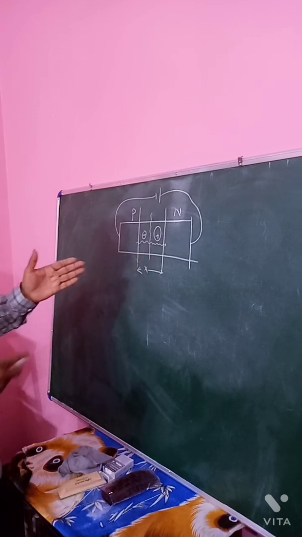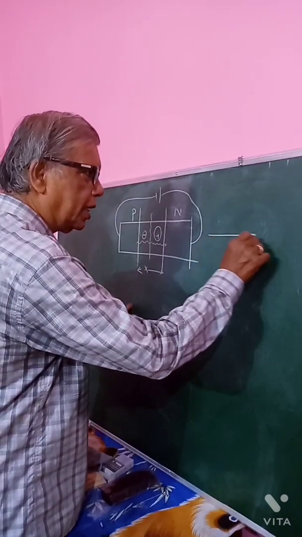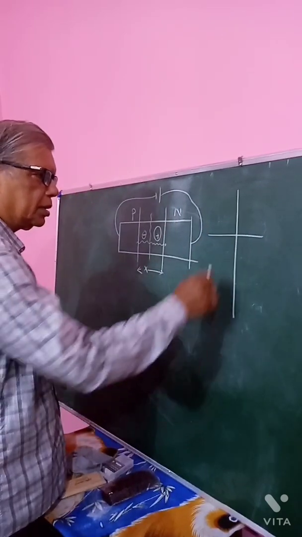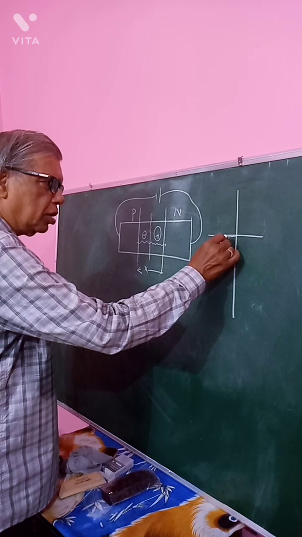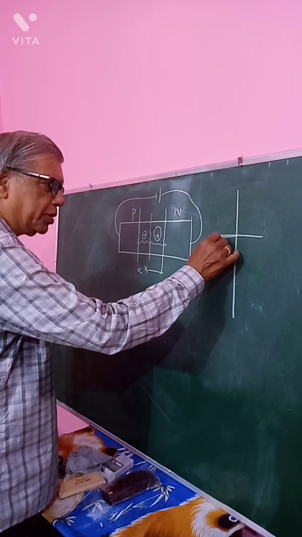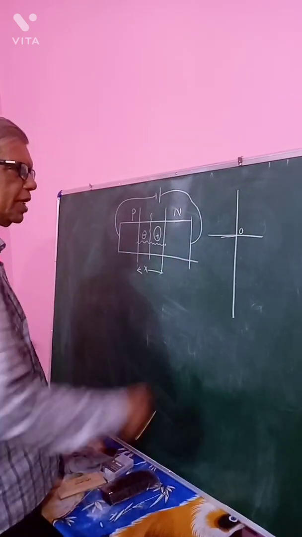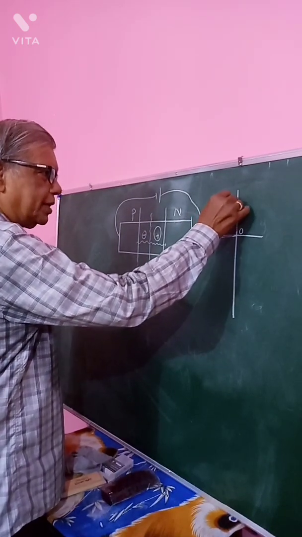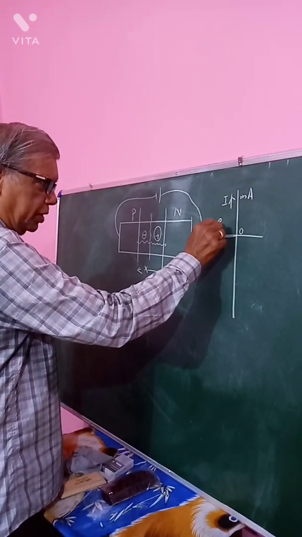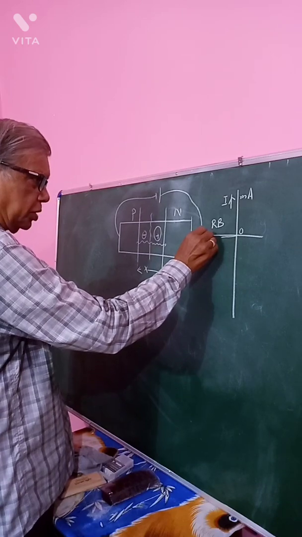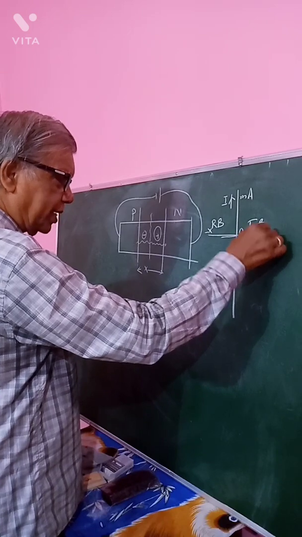So what happens if you go on gradually increasing the potential? Intensity of electric field builds up. Now this is the 0 volt potential, current is taken along the y-axis in milliampere. The reverse biasing voltage is taken along the negative x-axis, and forward biasing voltage along the positive x-axis.